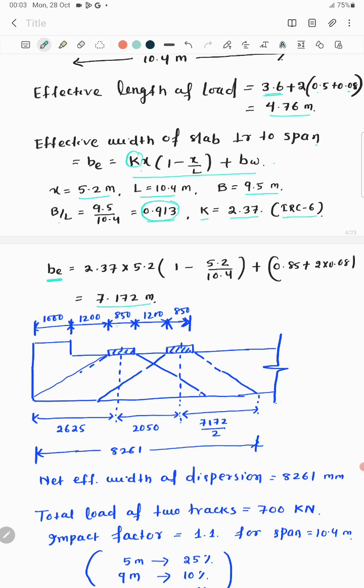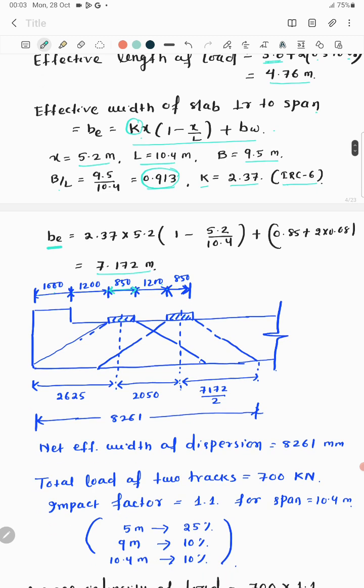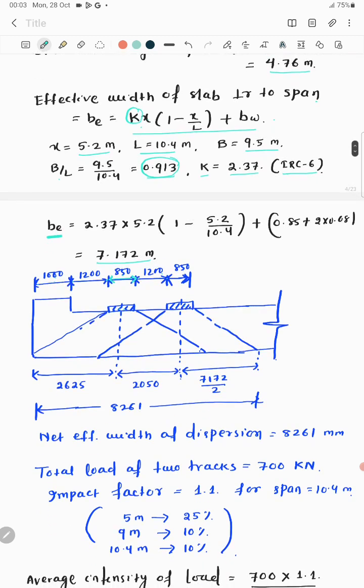This is 850, the width of the wheel perpendicular to the span, and 1200 is the distance between the two wheels, and this is the C value, that is 1200, and this is 1 meter, which is given in the question, footpath. So as we got the dispersion of load perpendicular to the span, we have calculated 7.172 meter for a single wheel.